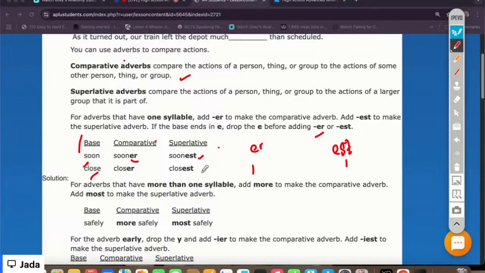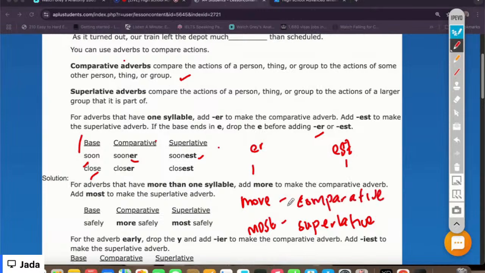All right, and then for adverbs that have more than one syllable, you have to add more to make the comparative adverb and most for the superlative.